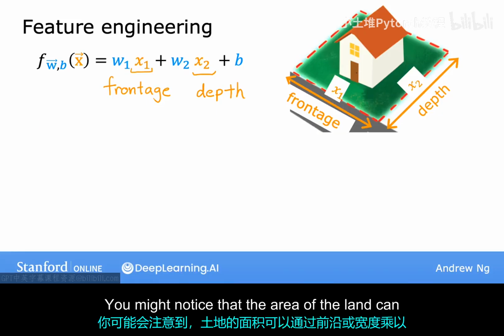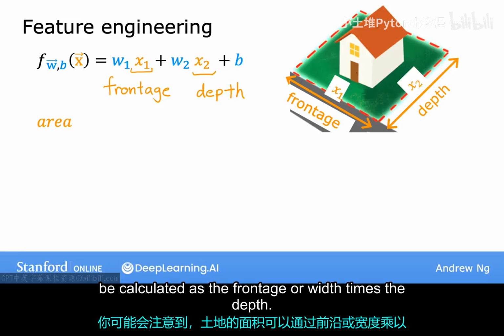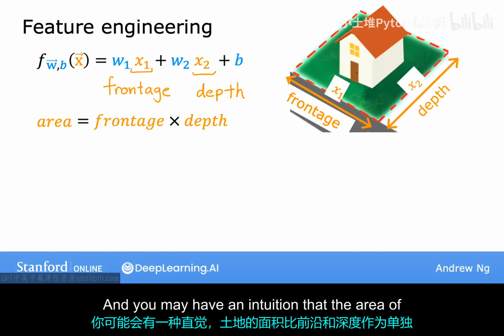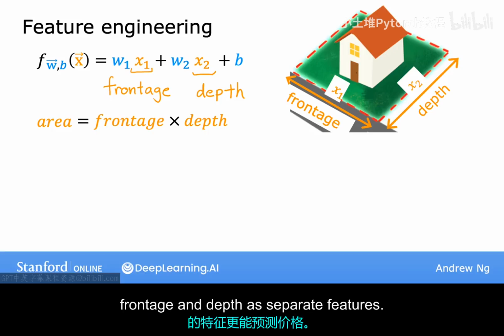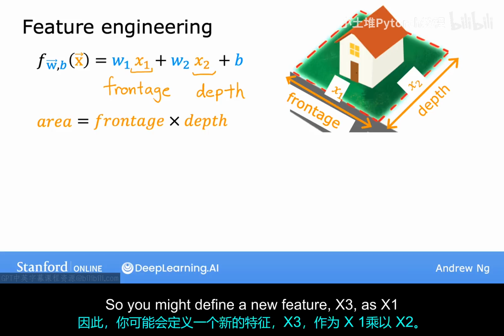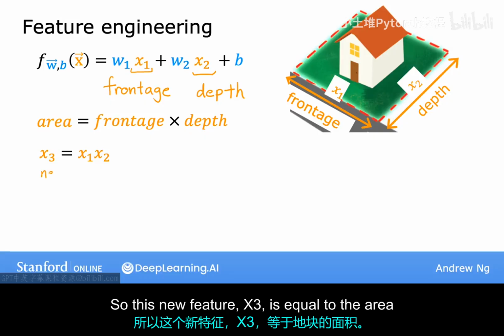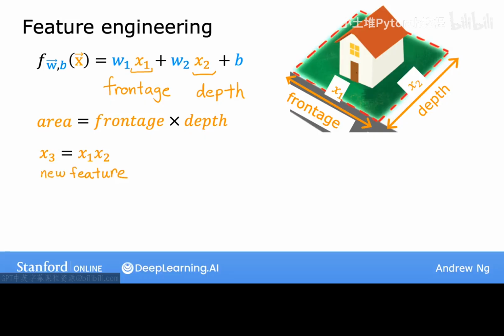You might notice that the area of the land can be calculated as the frontage or width times the depth. And you may have an intuition that the area of the land is more predictive of the price than the frontage and depth as separate features. So you might define a new feature, x3, as x1 times x2. So this new feature x3 is equal to the area of the plot of land.